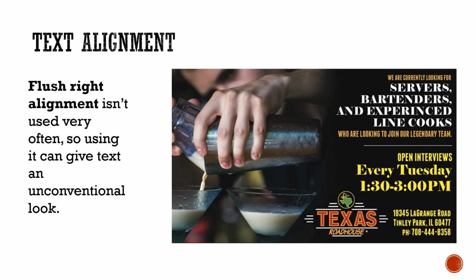With this orientation, text is aligned against a hard right-hand margin, with the left side being a little bit more jagged. Like with center alignment, you should avoid using flush right on large paragraphs since the ragged left edge is going to make it difficult to read.